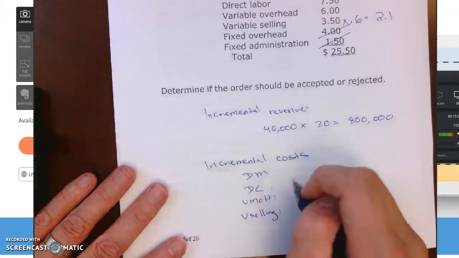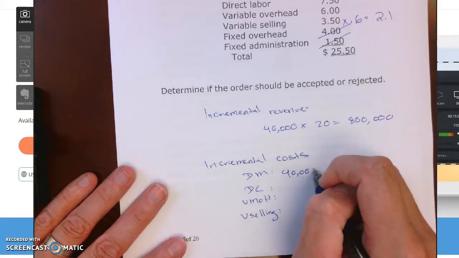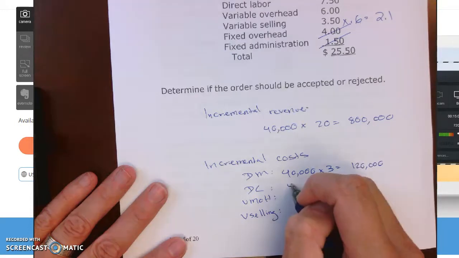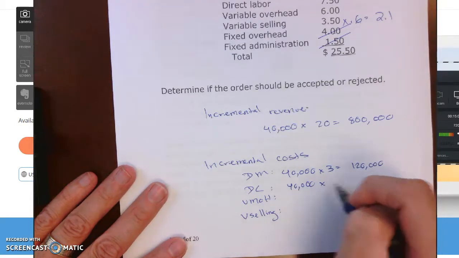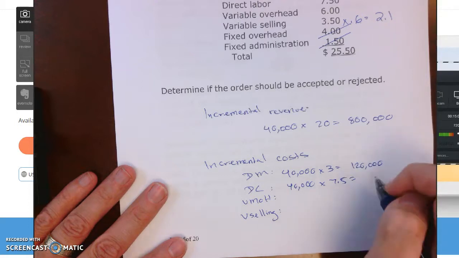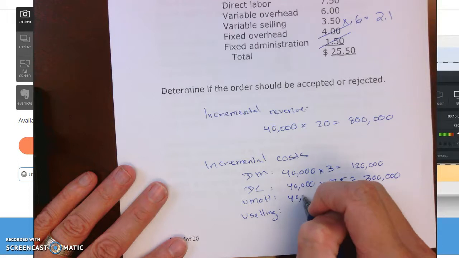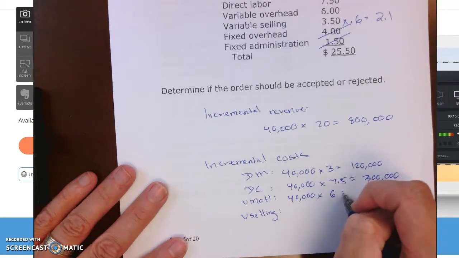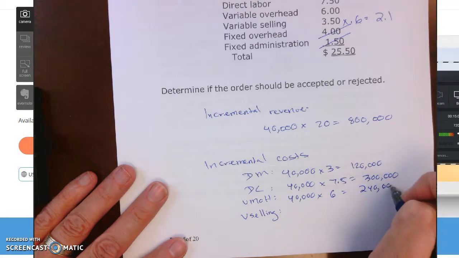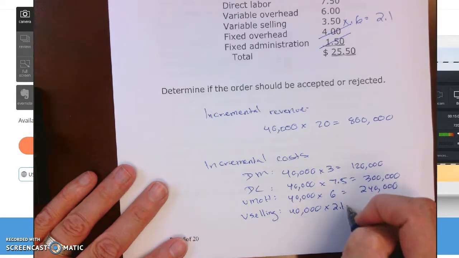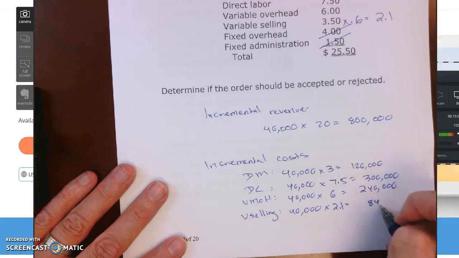So we can come over here, we're going to say our 40,000 times the 3 gives me 120,000. And I'll say my 40,000 times the 7.5, which gives me 300,000. And I'll say my 40,000 times the 6, which gives me 240,000. And then finally my 40,000 times my 2.1 per unit, which gives me 84,000.